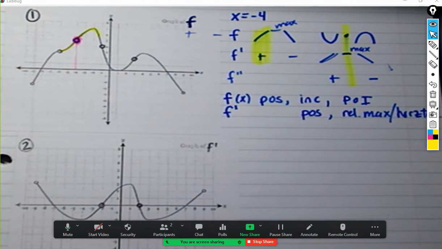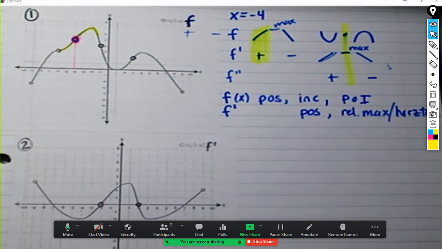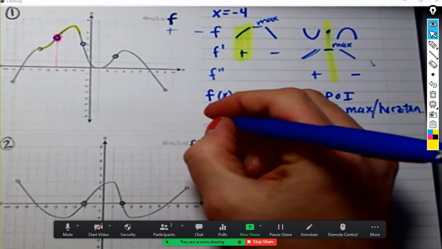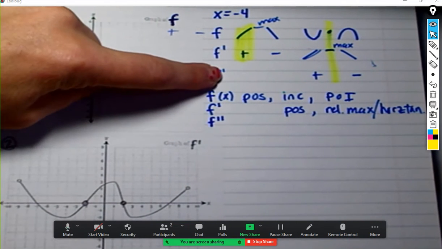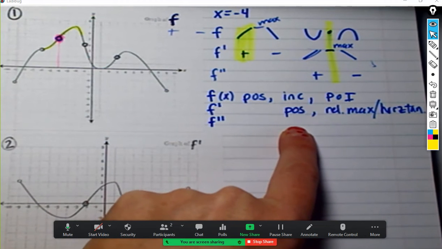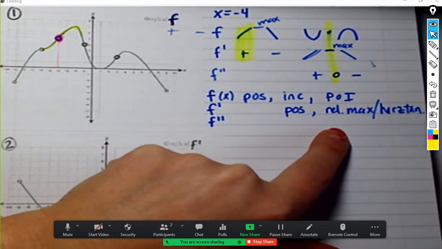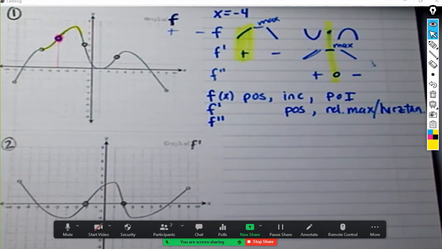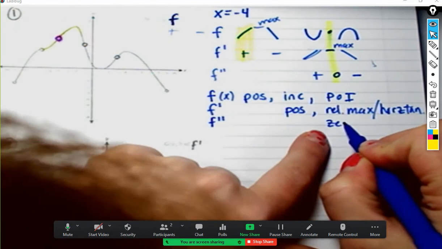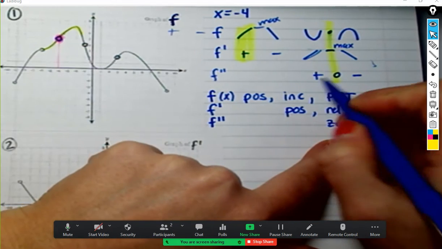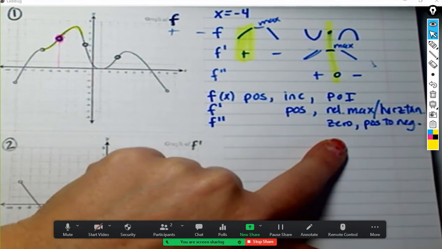But horizontal tangent because look at that 0 slope thing, right? It looks like a horizontal tangent. Okay, double prime. Okay, notice there's nothing here about double prime, so we don't say anything. But down here, what's happening? Between the points, you always get the 0 on the plus minuses. Okay, so it's 0, and it's changing positive to negative.